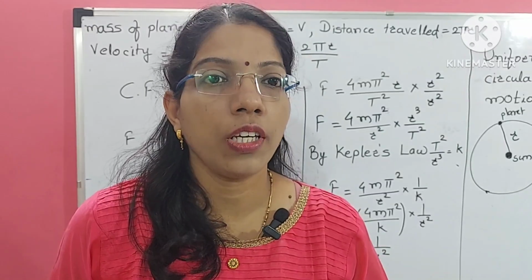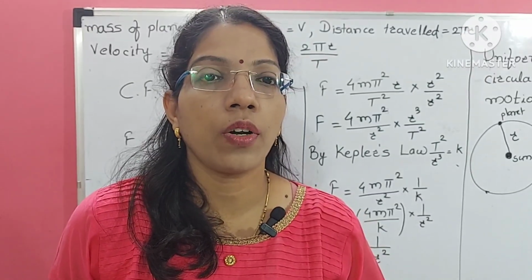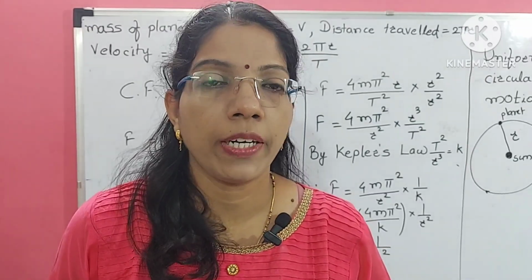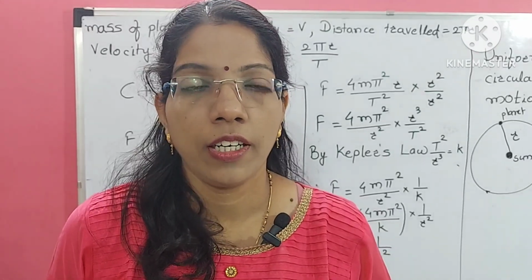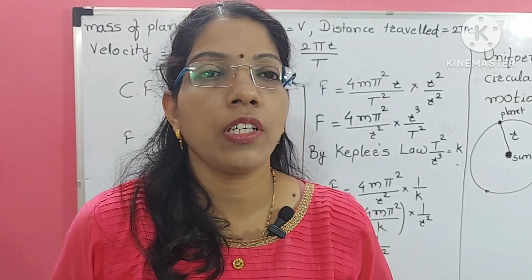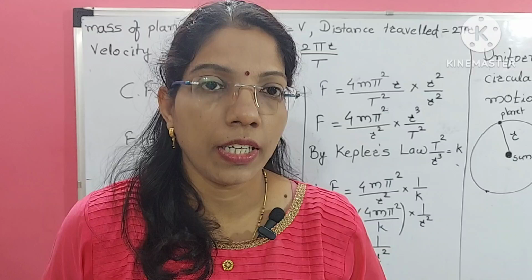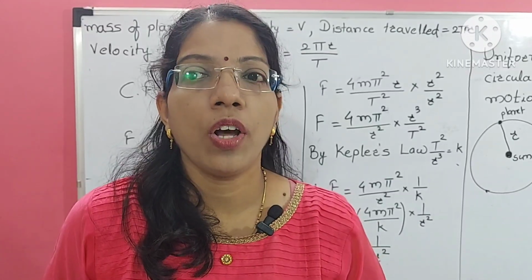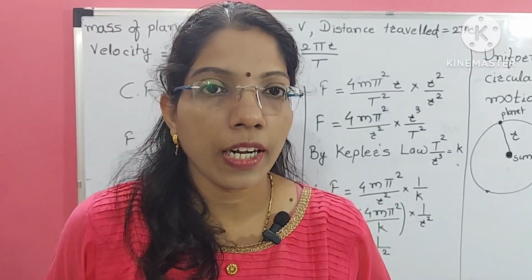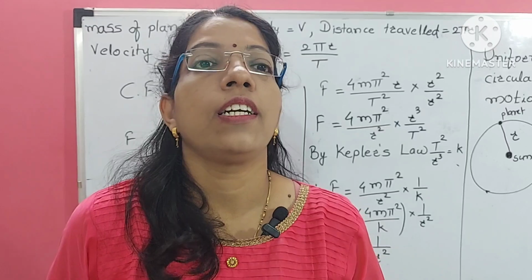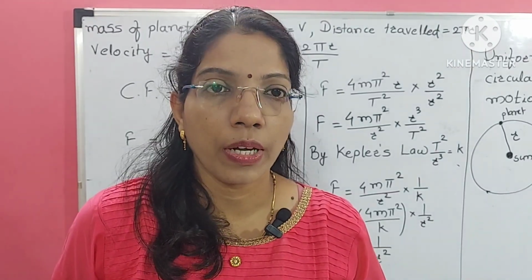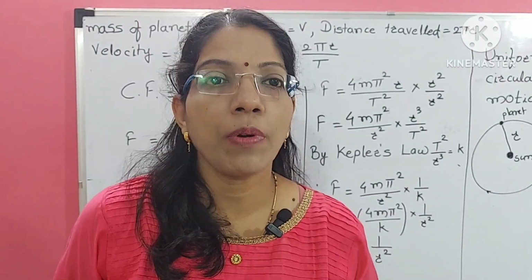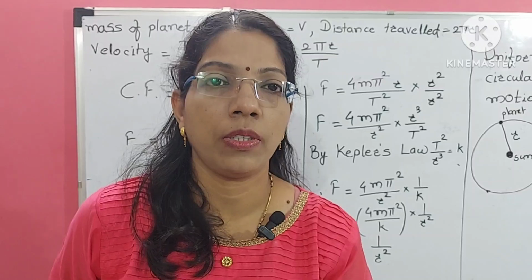Today we are going to see Newton's inverse square rule, or inverse square dependence on the distance. In the last lecture we studied the universal law of gravitation given by Newton. The law states that the force of attraction between two objects is directly proportional to the product of masses and inversely proportional to the square of the distance between them.